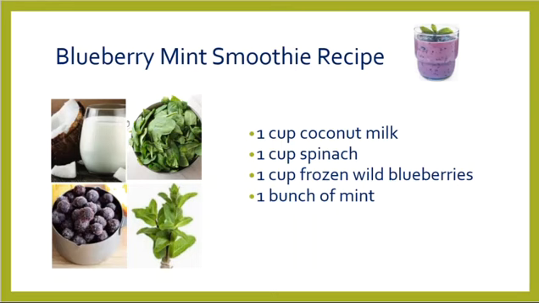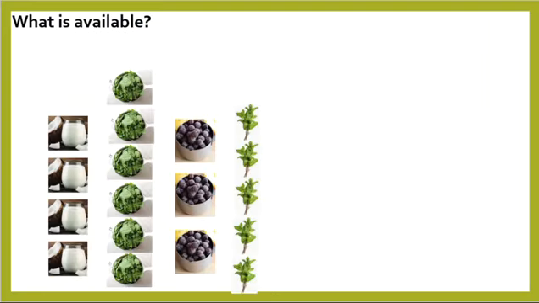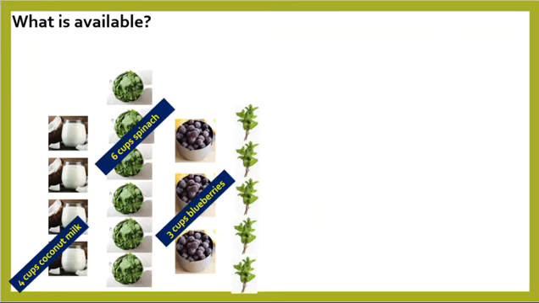In order to make this smoothie, we get to see what ingredients we have available to us. This slide shows how much of each ingredient is available. We have 4 cups of coconut milk, 6 cups of spinach, 3 cups of blueberries, and 5 bunches of mint.